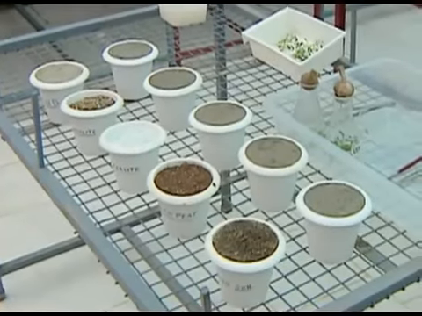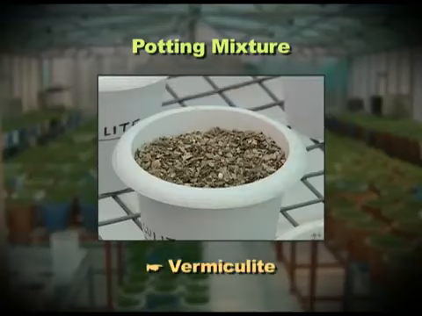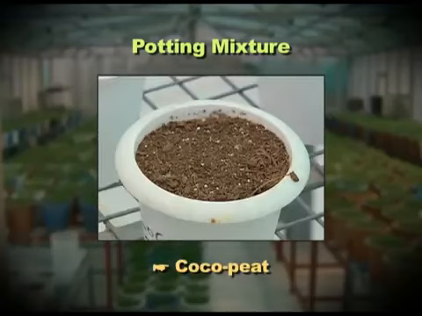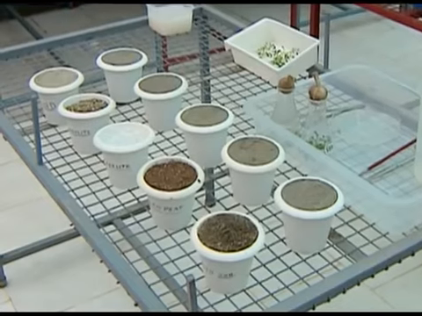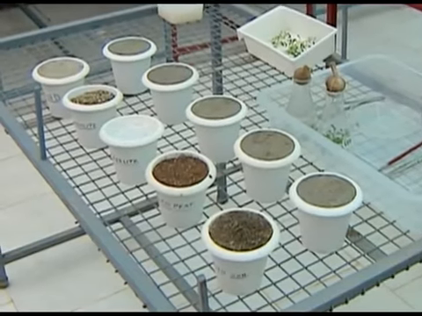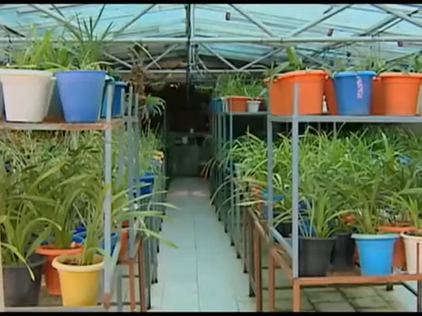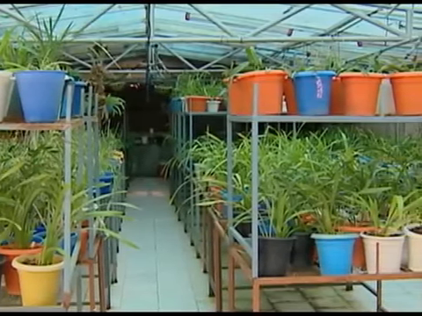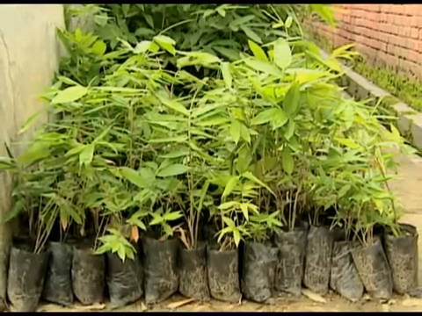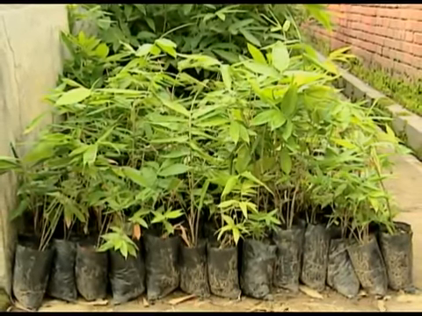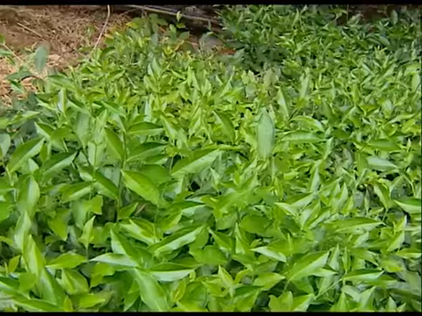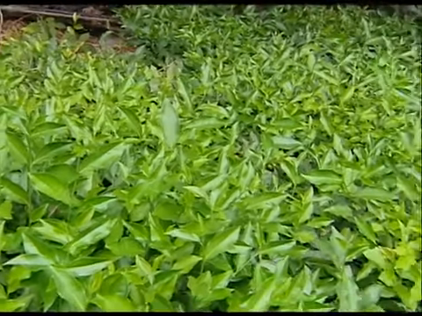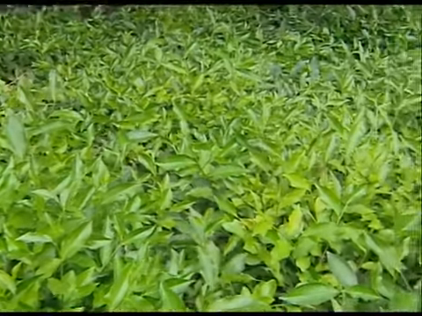Other media like soilrite, vermiculite, perlite, and coco peat can also be used for preparation of potting mixture. After 45 to 60 days, these acclimatized plantlets can be shifted to the outdoor conditions. These plants are now ready for the harsh conditions effectively with very low mortality.